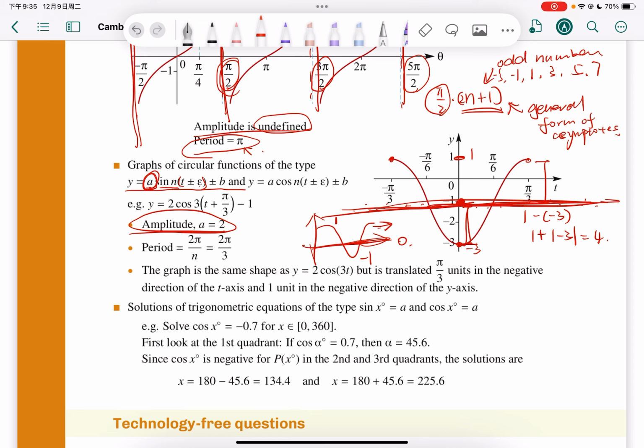And what about the period? As I talked about earlier, the period is the time or the theta or the t you need to repeat the graph. So this is the initial point and this is the final point, and the period should be the difference of the coordinates we can see from here.